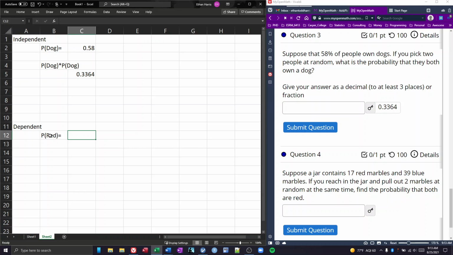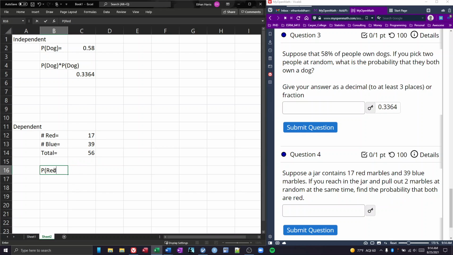Even before we do this, we'll do number red, number blue, and then total. So we know that there are 17 red, 39 blue, and you can sum these up. So just 17 plus 39, and we get 56.